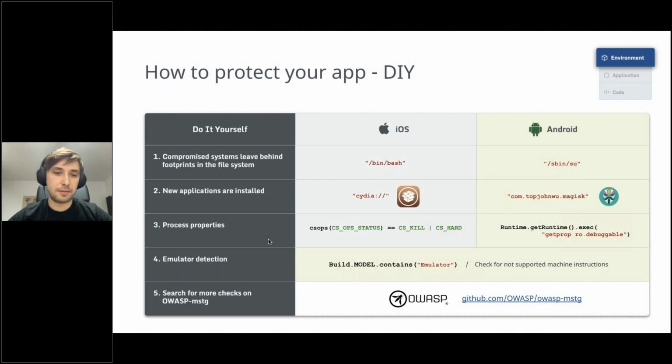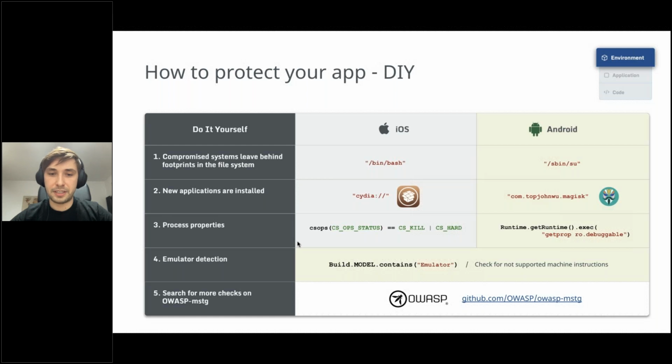Another, a bit more advanced way is process properties. For example, on iOS, when you download an app from the App Store, the app cannot modify itself, and no other app can modify our app either. If you have a jailbroken device, the jailbreak tool removes some constraints from the kernel, and those constraints are actually flags of the process.